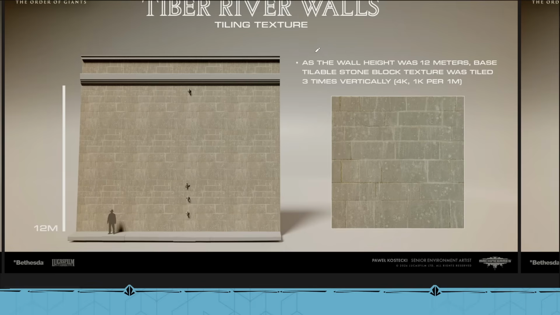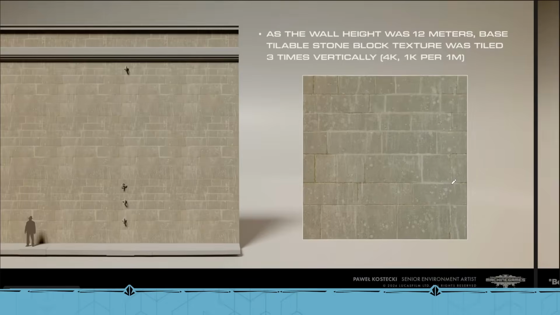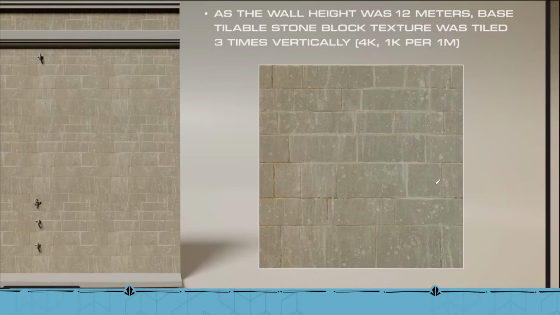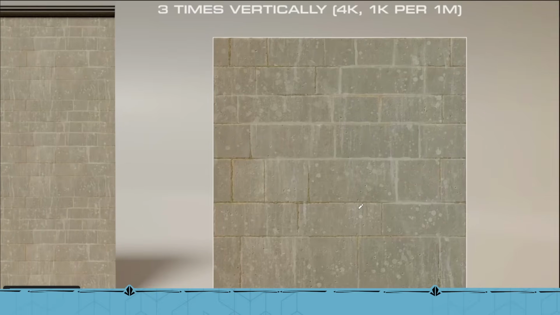As the wall height was 12 meters, the base tileable stone block texture was tiled 3 times vertically, 4K, 1K per 1 meter. Very straightforward. This is how you establish and respect the texel density. A good piece of advice is to use a good material. In this case, it's a material that they created, and it's not just a basic stone.